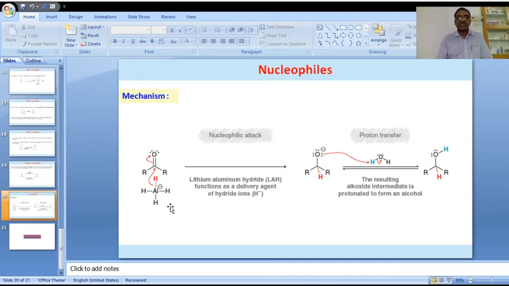Here, in the first step, what happened? Please observe the mechanism. The ketone reacts with LAH, which functions as a delivery agent of hydride ion. This hydride ion, H minus, the nucleophile, attacks the carbonyl carbon.